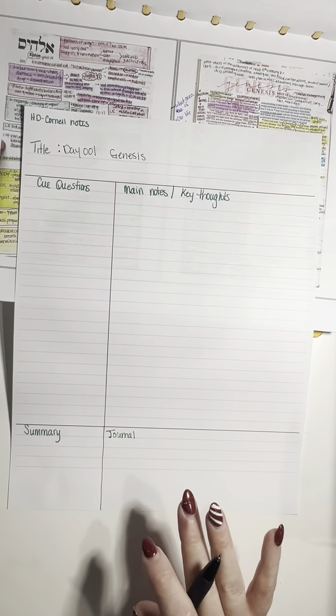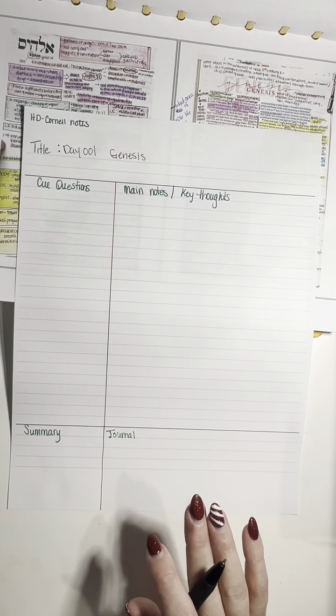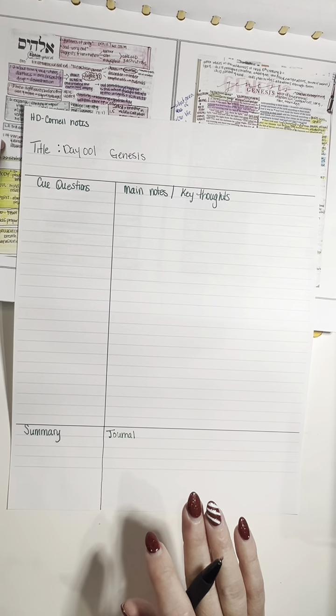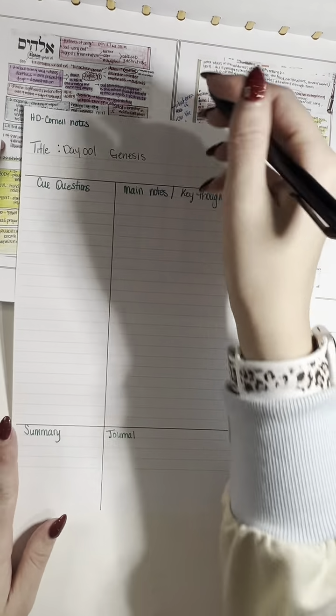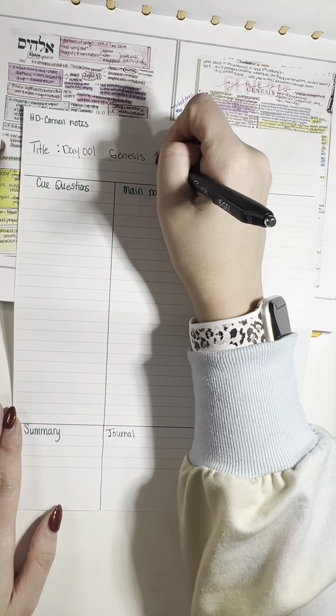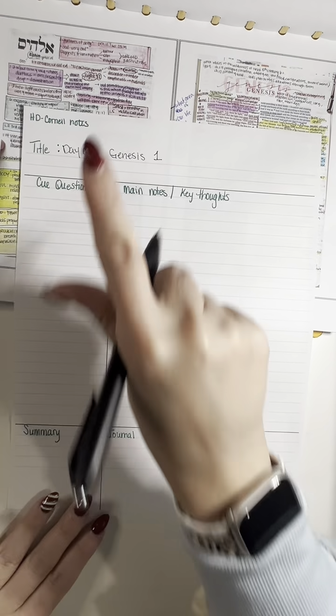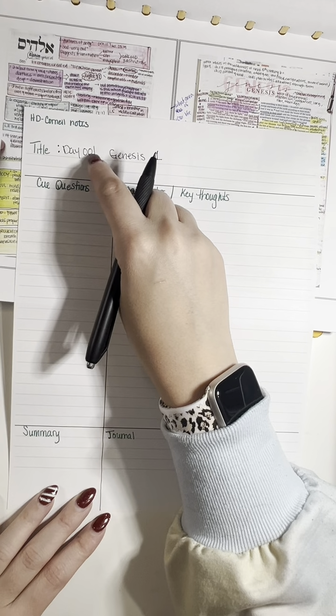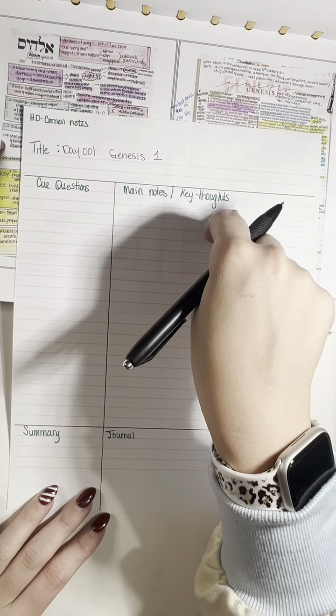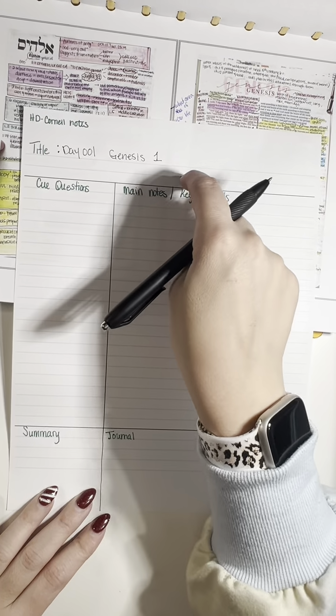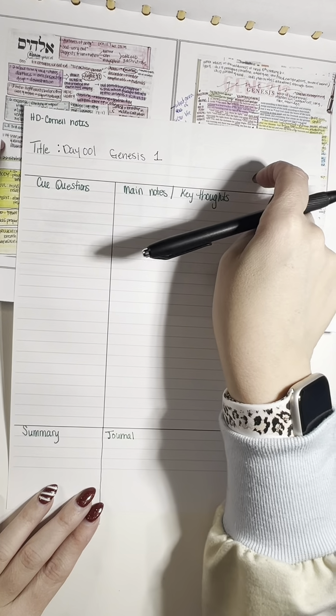Because this is not Genesis 1, 2, 3, 4. It is only one book. I'm going to just put 1. I know that day 1 is 2 and 3 as well, but for the object of this sheet today, it's only for Genesis 1. That is what we're going to focus on.